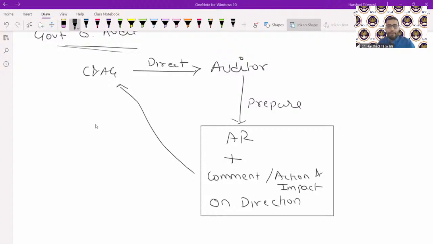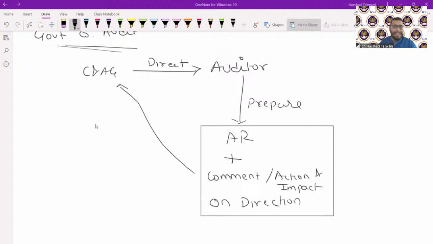Within 60 days of receipt of this audit report and additional comment, CAG has a right to carry out a supplementary audit, or he may ask for a supplementary audit by any person authorized by him, or comment on additional information or the supplementary audit report.